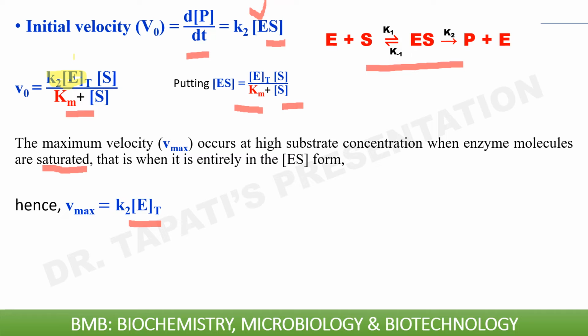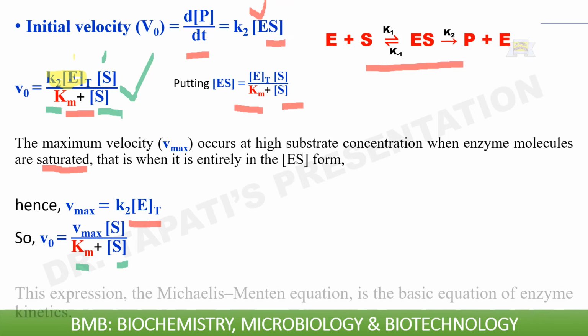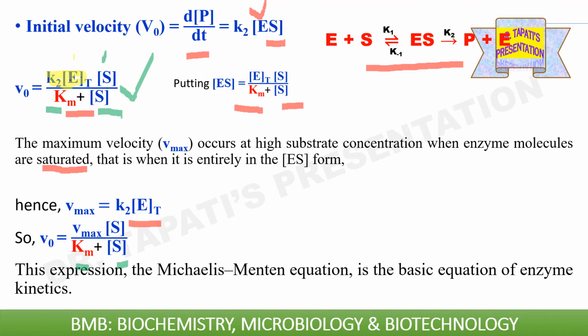In this equation we will find V0 is equal to Vmax into substrate concentration divided by Km plus substrate concentration. This expression is called the Michaelis-Menten equation, and it is the basic equation of enzyme kinetics.